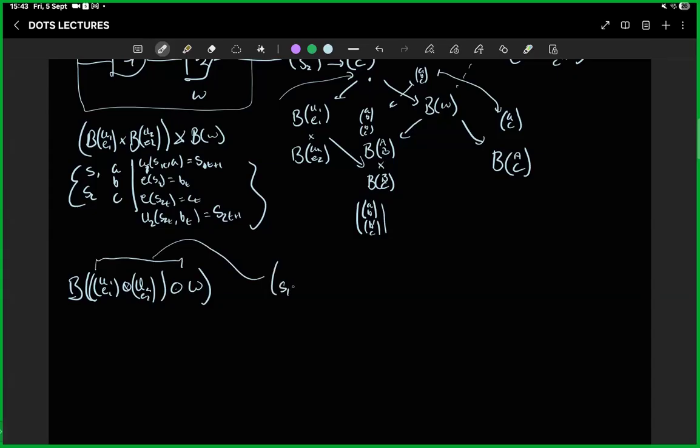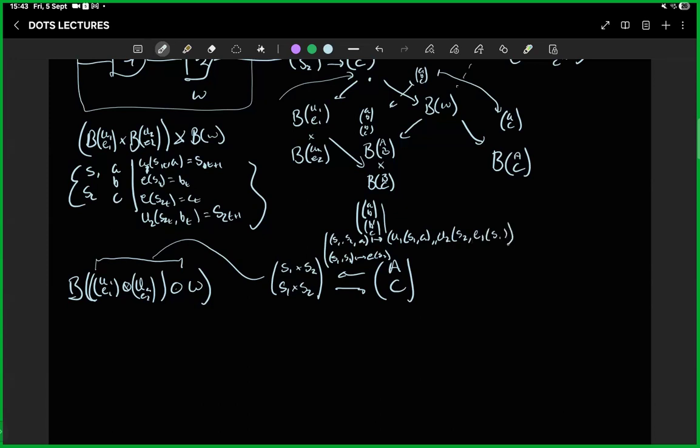This is S1 times S2, S1 times S2, like this, AC, where we look at this thing is S1, S2 maps to E, S2, right? And this one here is S1, S2, A maps to U1 of S1A, comma, U2 of S2, E1 of S1.